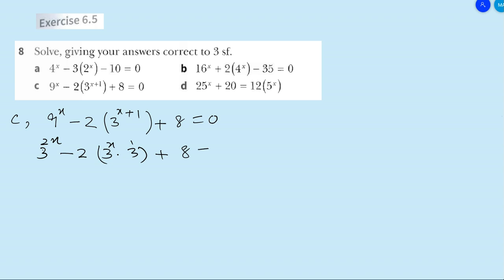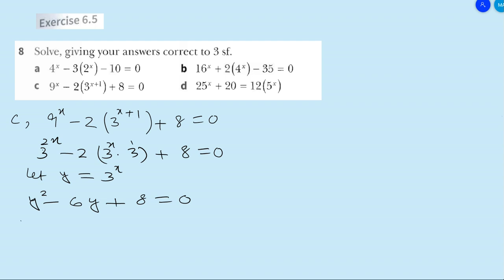Please keep in mind that dot means multiply, and when we have the same base, the powers should be added. So 3 to the power x into 3 is 3 to the power x plus 1. Now let y be equal to 3 to the power x. It will be y squared minus 2 times 3, which is 6, y plus 8 is equal to 0.